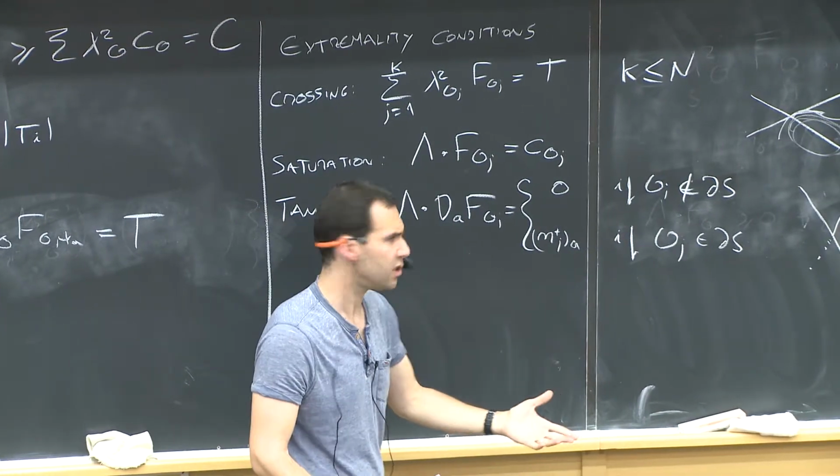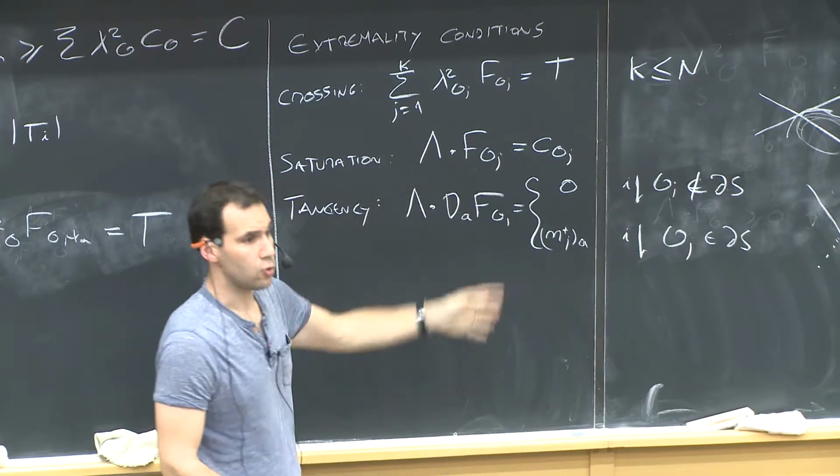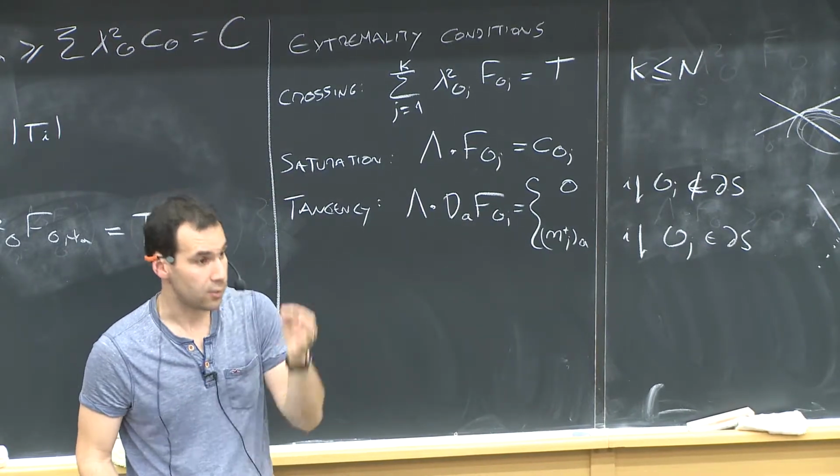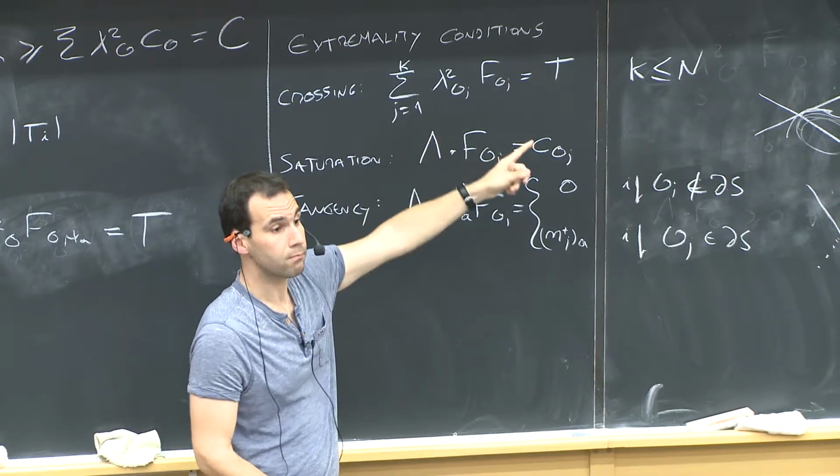So the logic is the following. Whenever you find one of these functionals, you plot this quantity, and you see when the inequalities are saturated, and those are the vectors which have to appear in the solution to crossing. And the solution is unique.